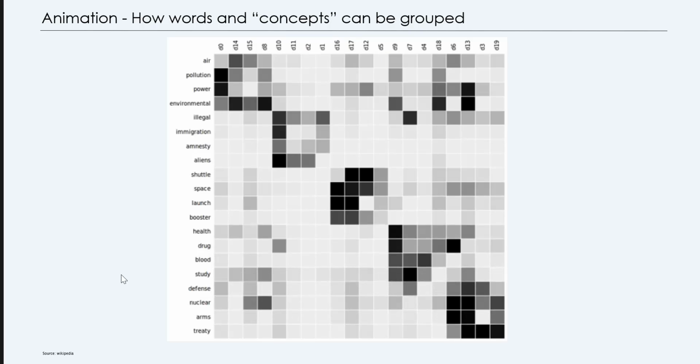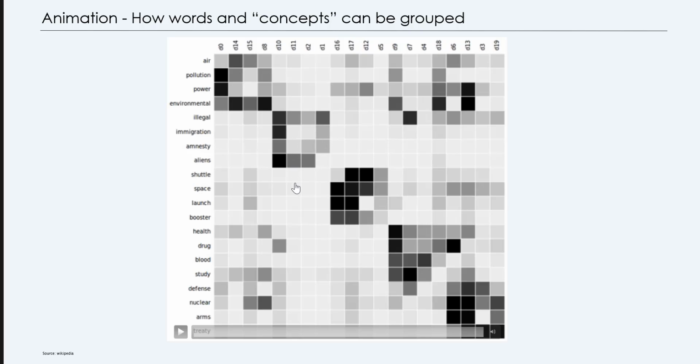Then what happened here is, if you now notice, it actually put the matrix into a very nice form, where this group of documents, D0, D14, D15, D8, contains mostly these words here. So you might discover that this is the environmental theme that we are looking at in this group here. In this group of documents, we are likely dealing with immigration.